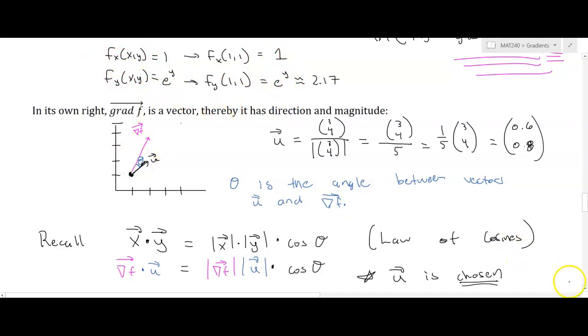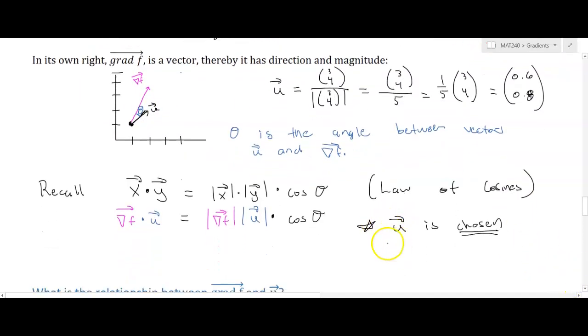So del f is actually fixed at a given point. Now that gradient vector, if you were to move over here, that gradient could say point out this way. The gradient itself is point specific, but it cannot change at a particular point.